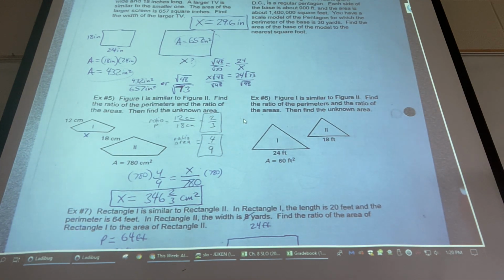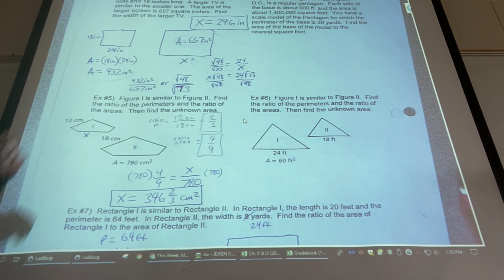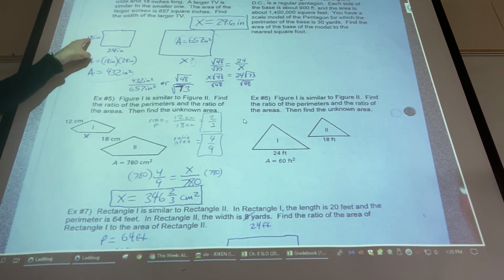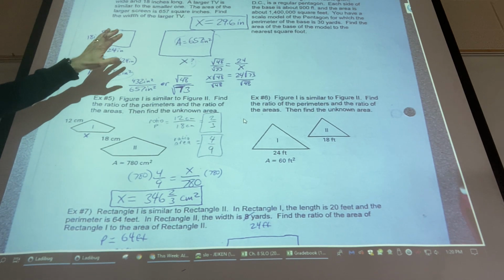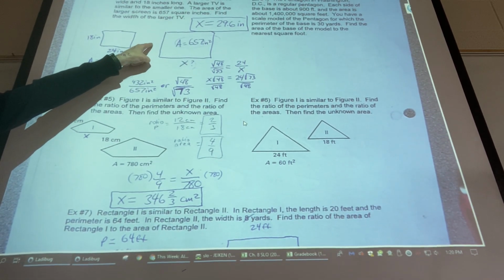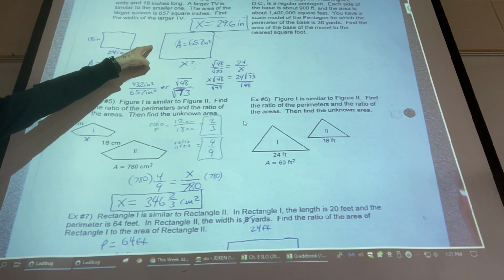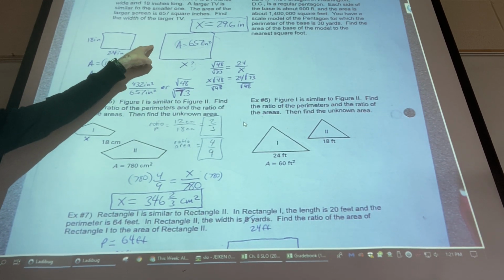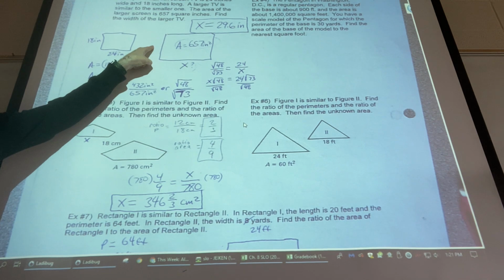Another way that you could do it, and this is actually how I thought to do it first. I said, if this is 18 and 24 and these figures are similar, that means this would be 18x, times some scale factor.